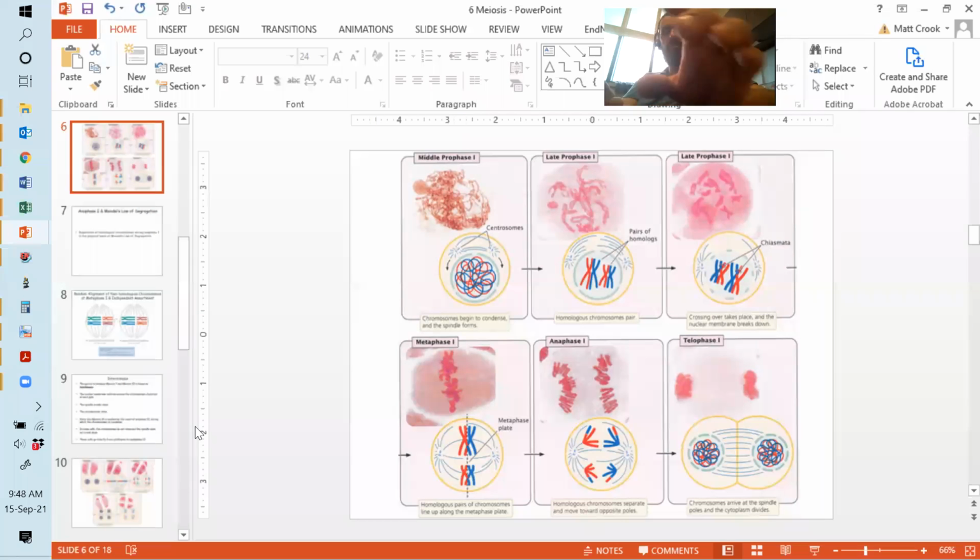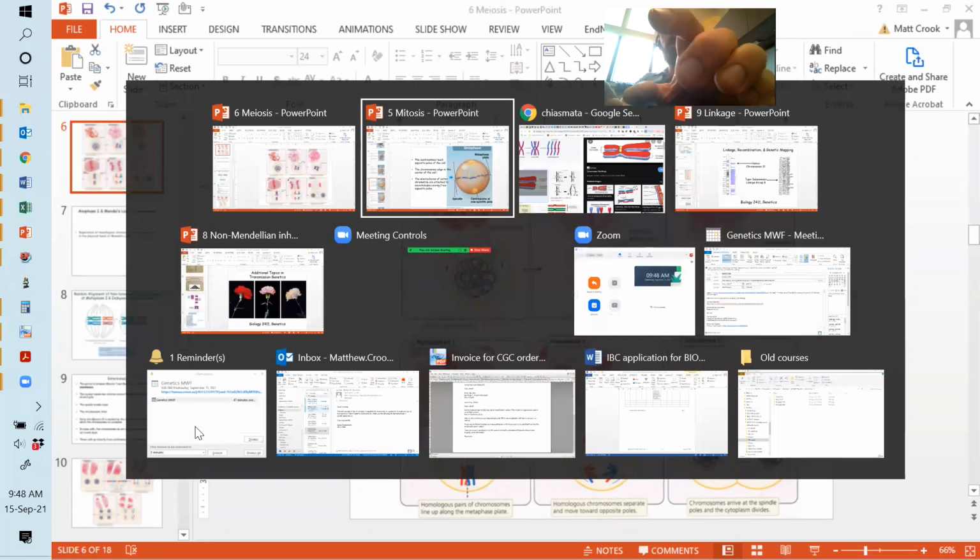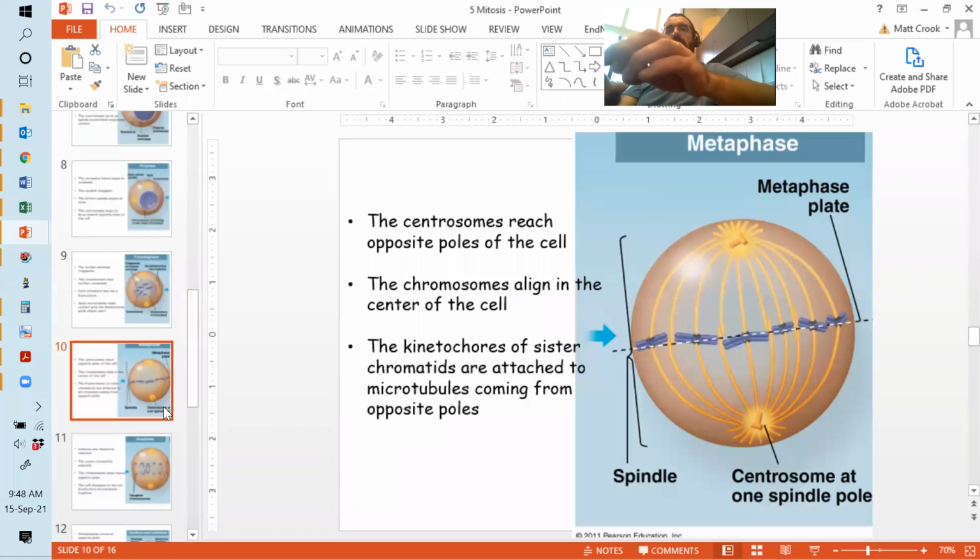Now, if in slide 10, PowerPoint 5, n equals 6, I have 6 chromosomes, it would be metaphase 2 instead.